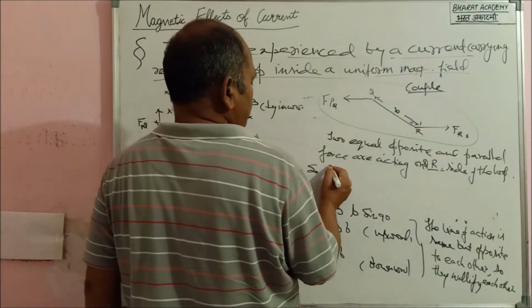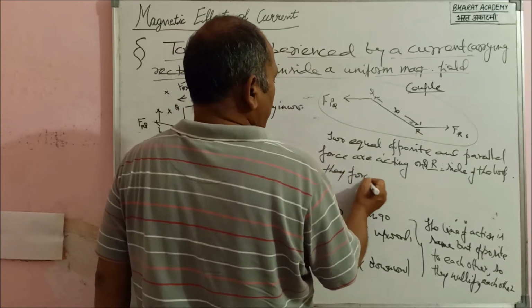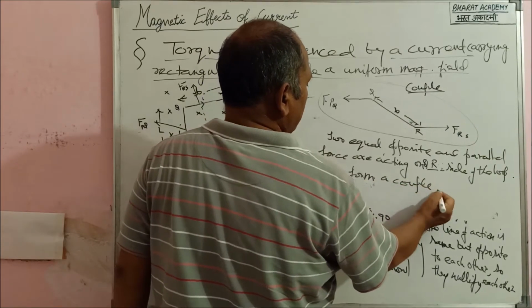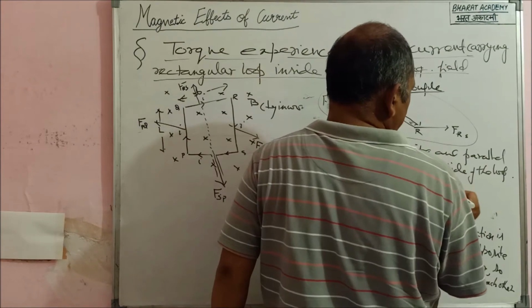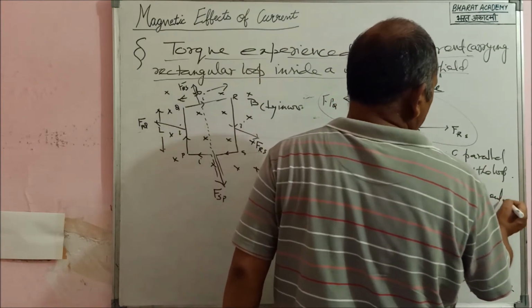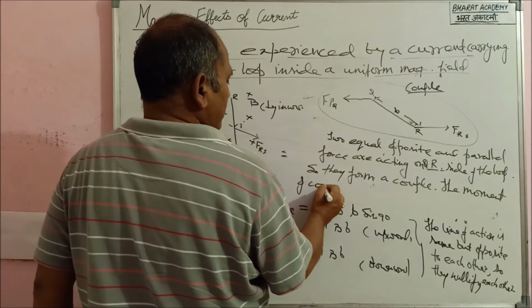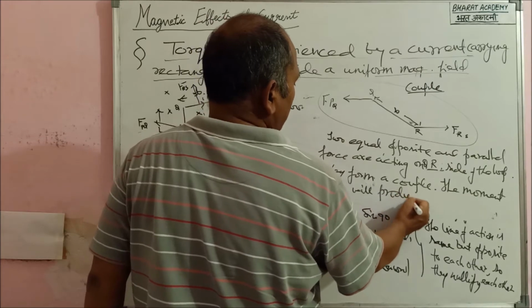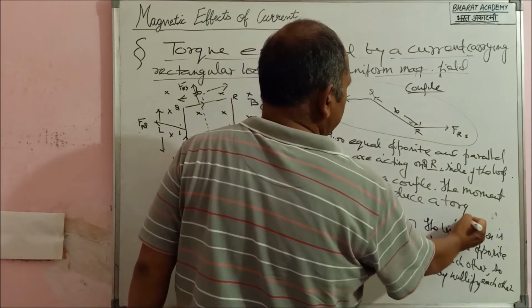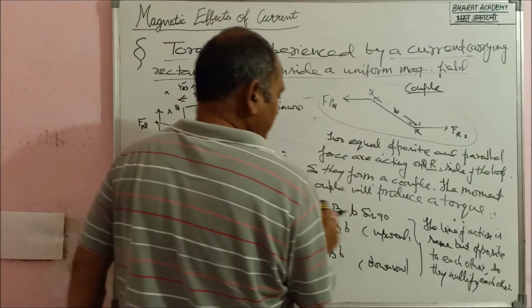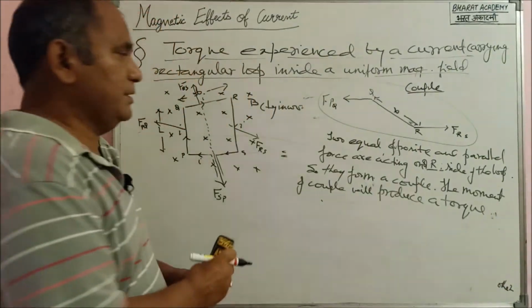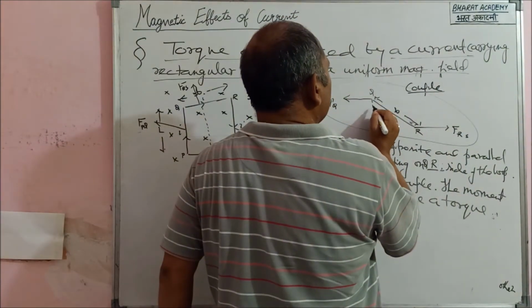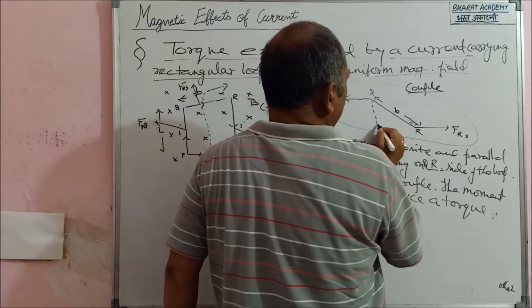So they form a couple, and the moment of couple will produce a torque. So because of this formation, a torque is produced which tries to rotate the loop inside the magnetic field.